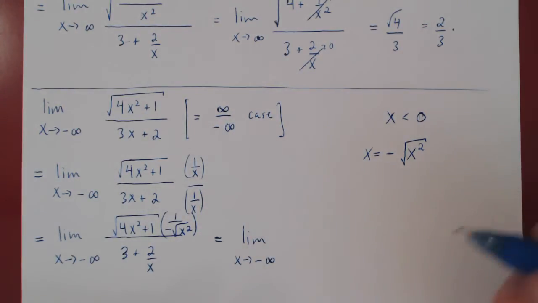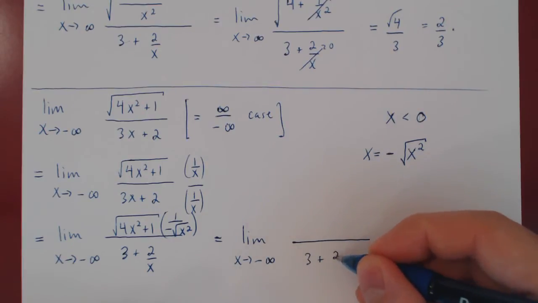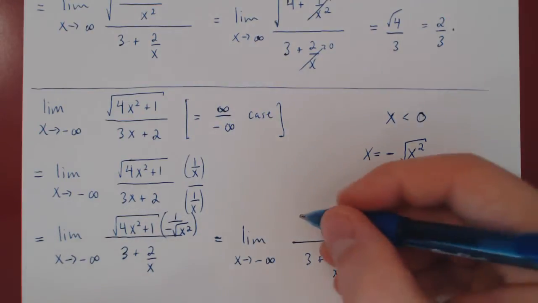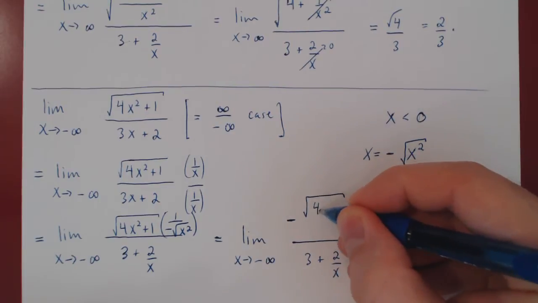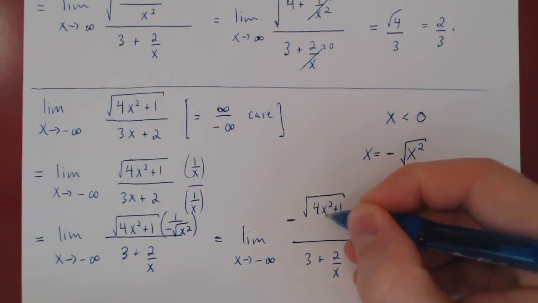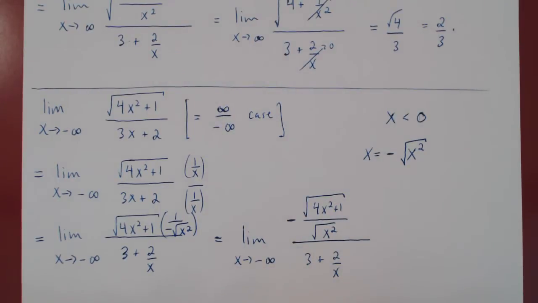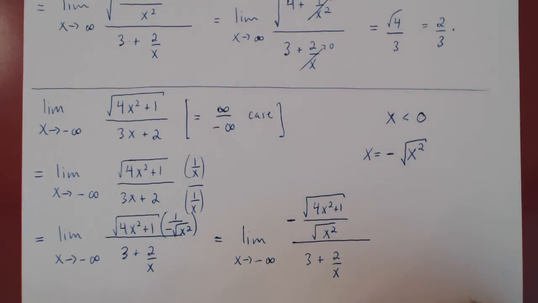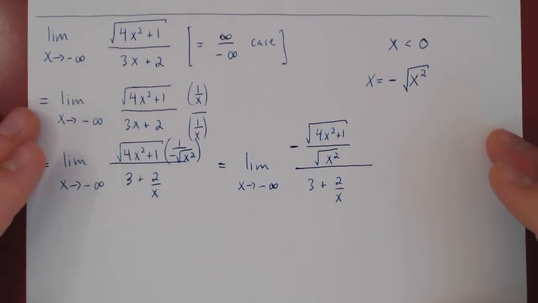Well, we have this times 1 over the negative of the root of x squared. We'll pull the negative up front. And now we have the root of 4x squared plus 1 over the root of x squared. And you see everything is exactly as before, except now there is a negative up front, which will give us negative 2/3. Let's complete this in one line.